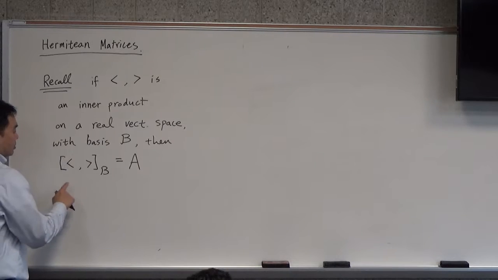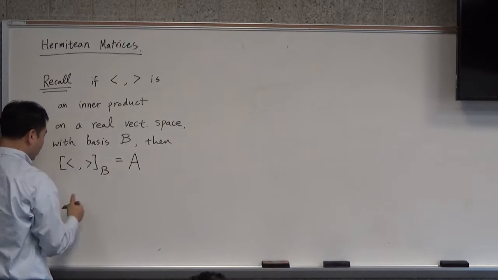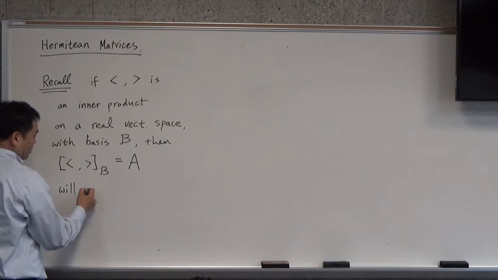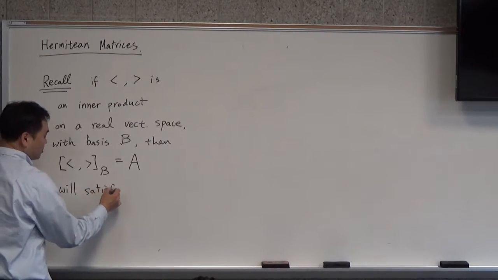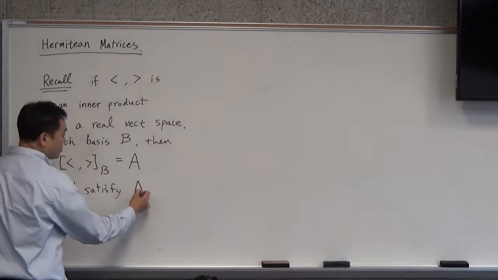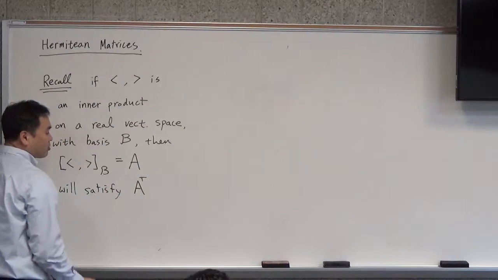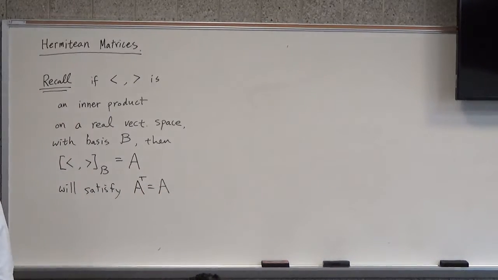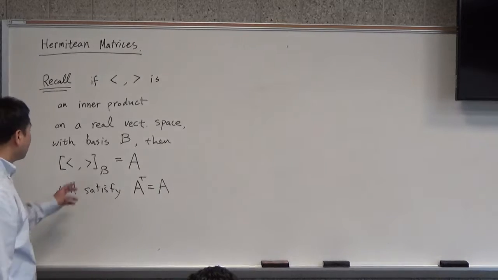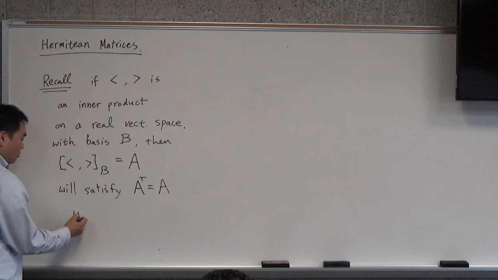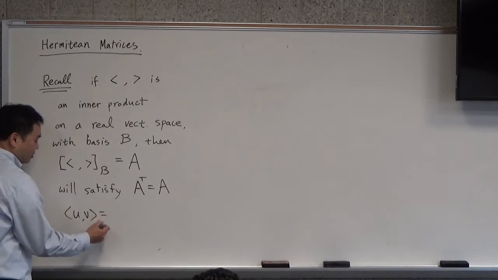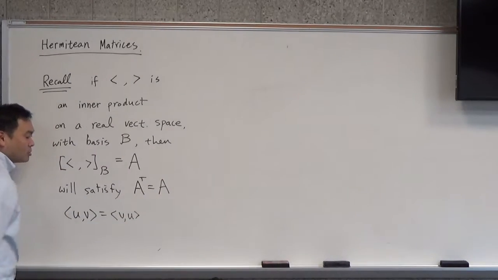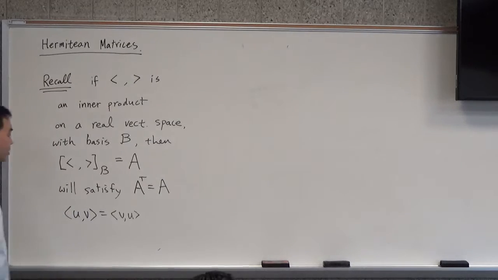Then this matrix A will satisfy two things. Its transpose will be equal to itself. And the reason for that is if you have the inner product of U and V, that's the same as V and U. This translates to this being symmetric.